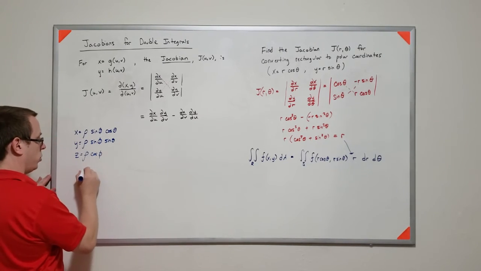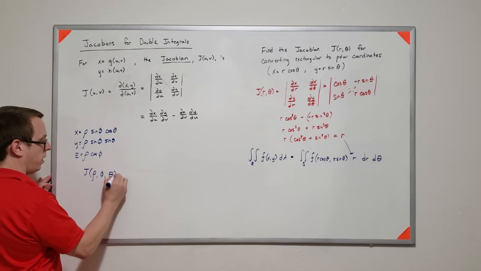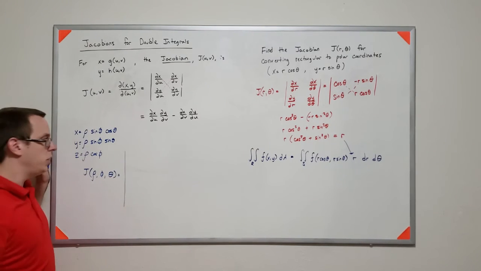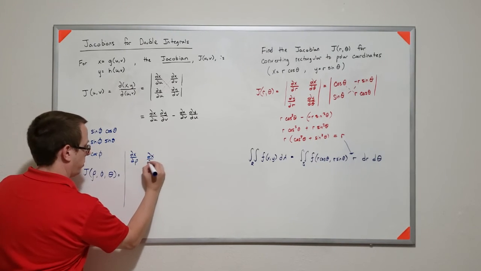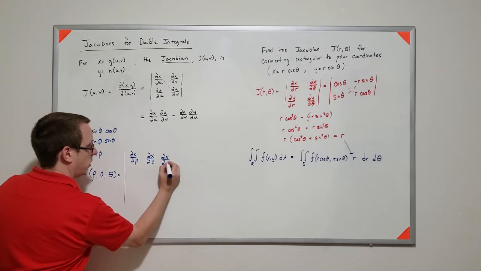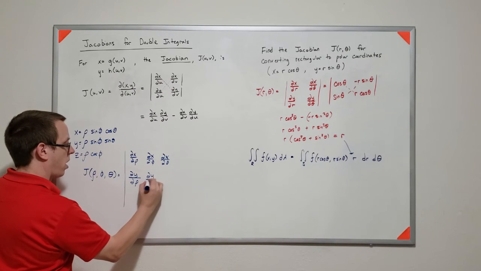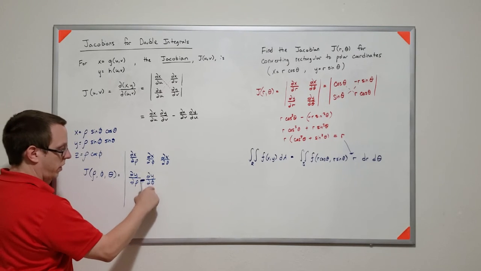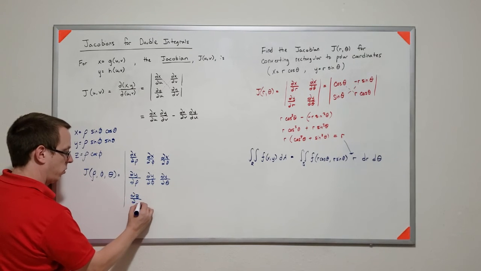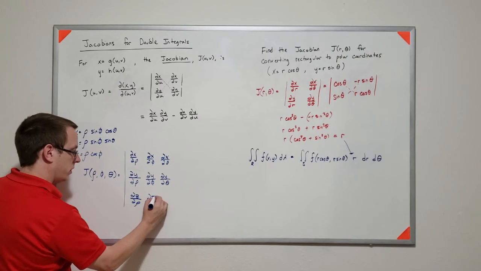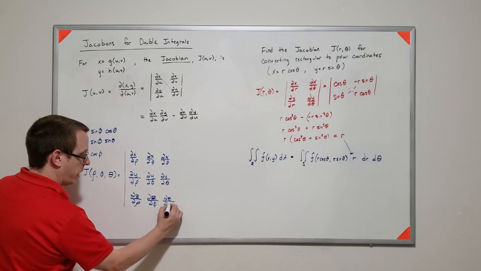And then our Jacobian for rho, phi, and theta is a determinant of the partial of x with respect to rho, phi, and theta, the partial of y with respect to rho, phi, and theta, and the partial of z with respect to rho, phi, and theta.